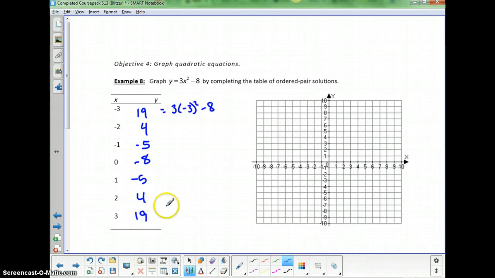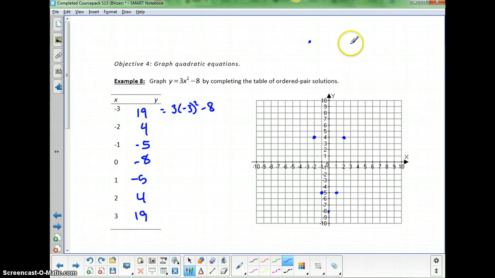Alright, so let's graph these ordered pairs. Negative 3, 19. We'll say is way up here somewhere. We'll approximate that. Negative 2, 4, right here. Negative 1, negative 5. 0, negative 8. 1, negative 5. 2, 4.